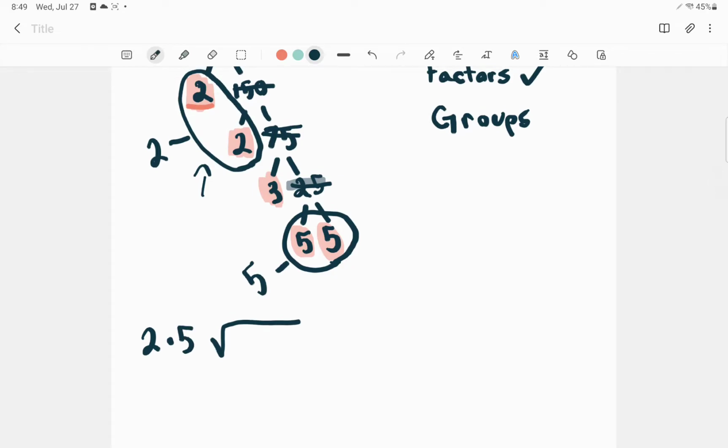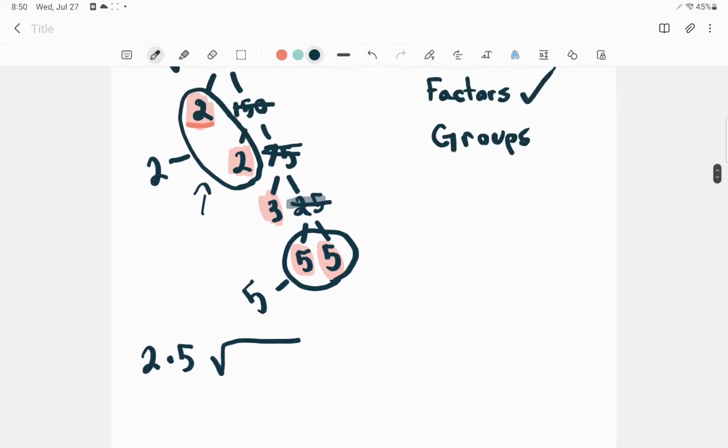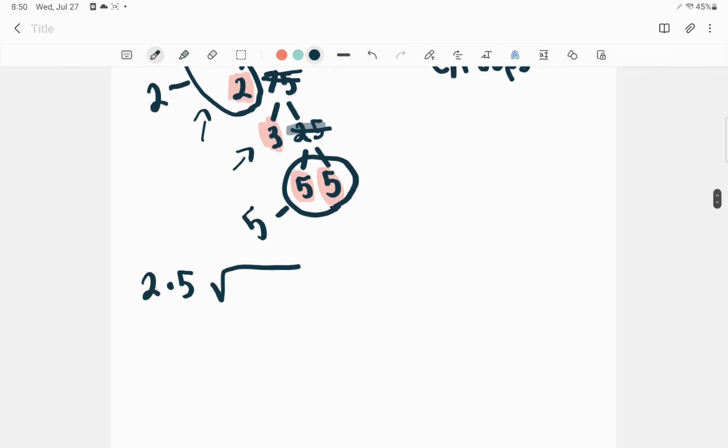Those 2 numbers are going to get multiplied outside. Now, you're going to notice that we have one number left over. We have a 3. What are we going to do with that number? Because it doesn't have any groups, it's all by itself, it's going to stay inside of the square root. So we're going to have a 3 inside.